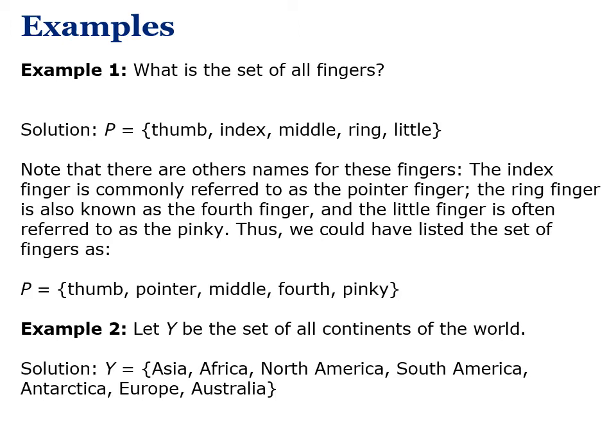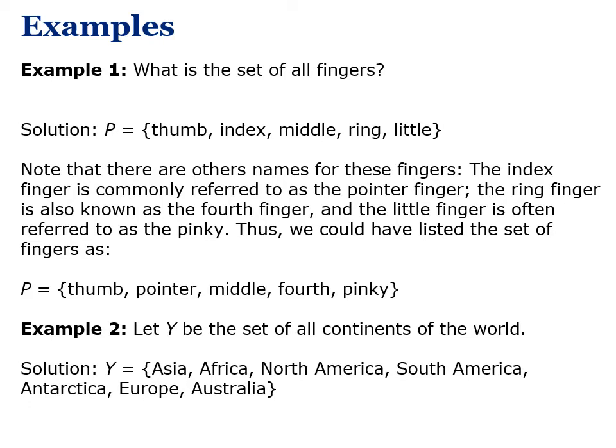The index finger is commonly referred to as your pointer finger. The ring finger is also known as the fourth finger, and the little finger is often referred to as your pinky finger. Thus, we could have listed the set of fingers as thumb, pointer, middle, fourth, and pinky, enclosed in curly braces.